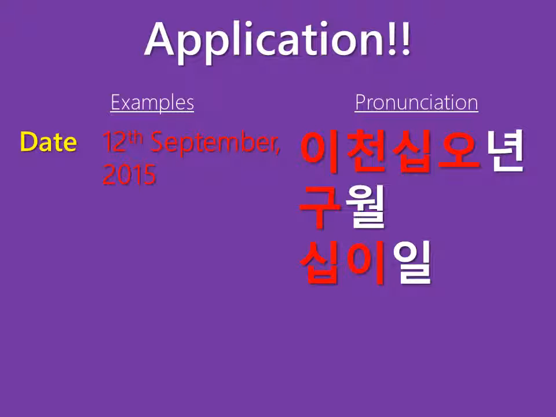So it will be 2015년. 년 means year, 9월, 9 months, and 12일, 12 day. 2015년 9월 12일, like that. It's very similar to Chinese, I think.